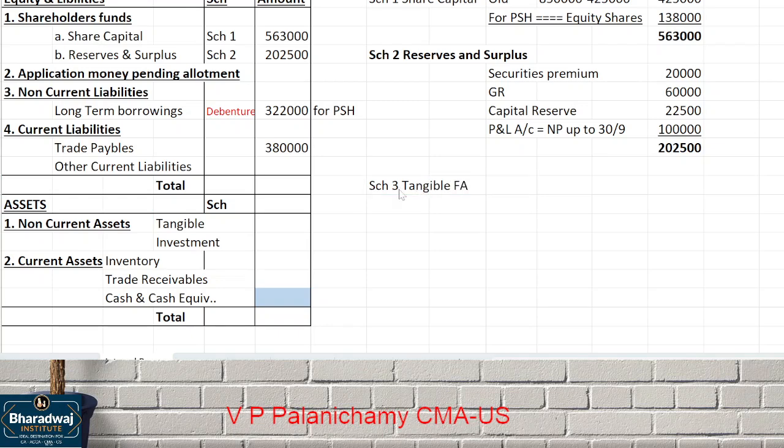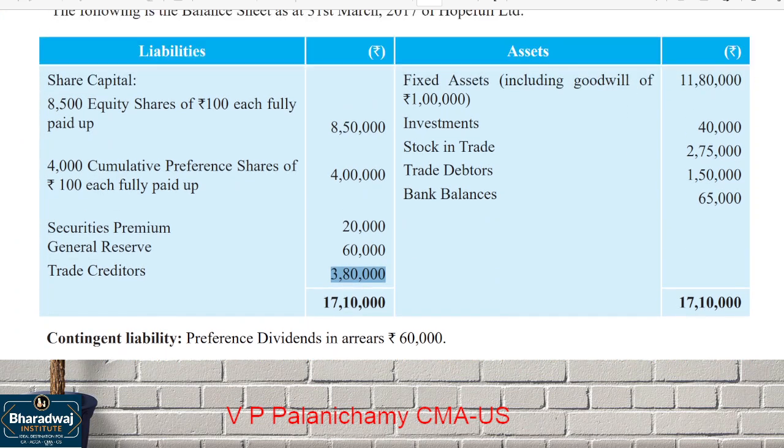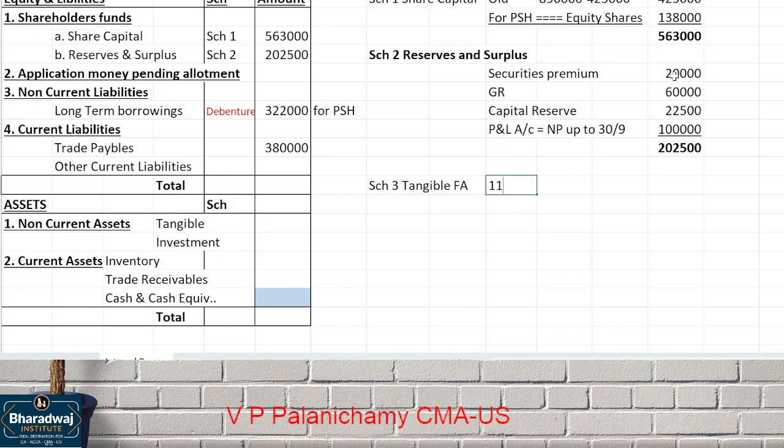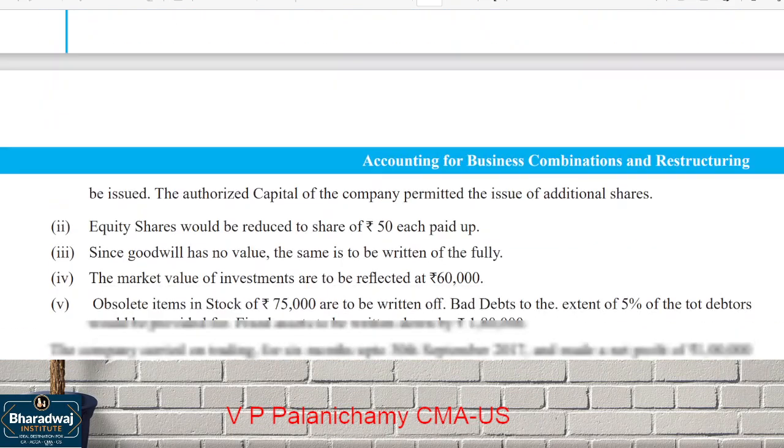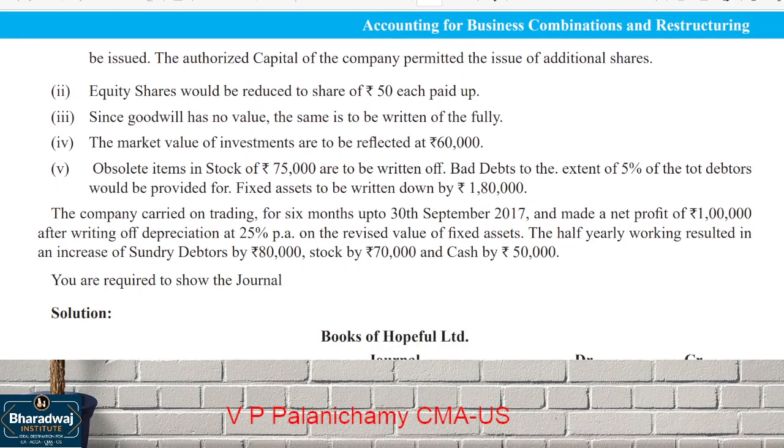Tangible fixed assets. What was the fixed asset earlier? 11 lakh 80 minus 1 lakh 80,000 reduction. What is the balance? 9 lakhs less depreciation. Depreciation, how much is given? 25% per annum on the revised value of fixed assets.